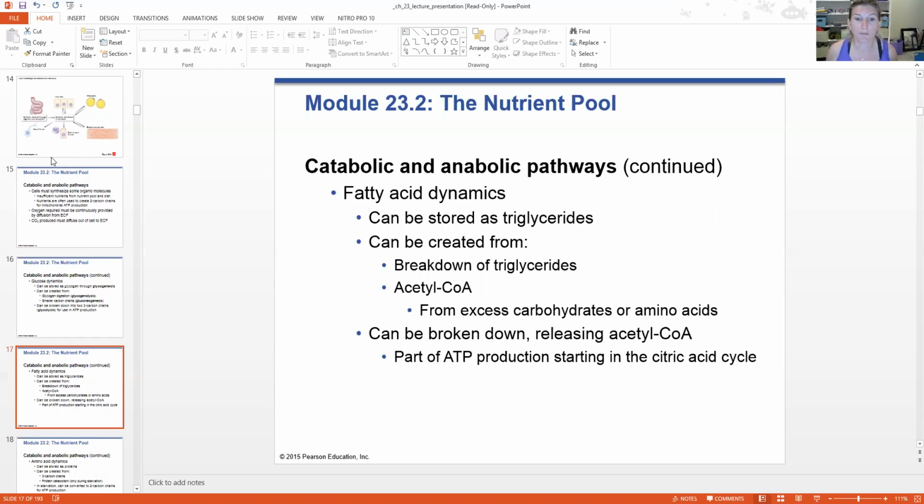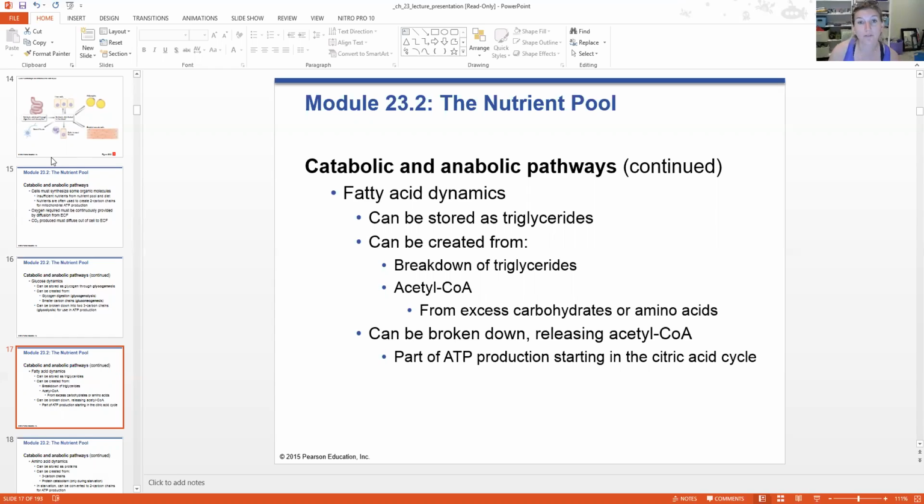So fatty acids can be broken down and they can form acetyl-CoA. Acetyl-CoA is a substrate that we'll get to know very well in this chapter, but acetyl-CoA can either be converted back into a fatty acid, or fatty acids can convert into acetyl-CoA.